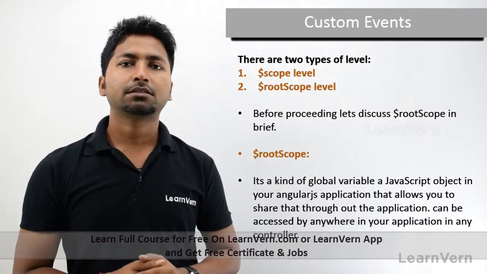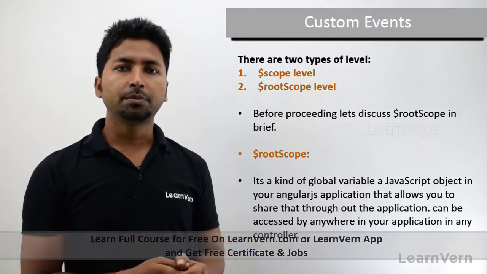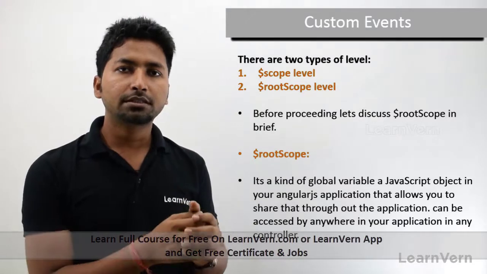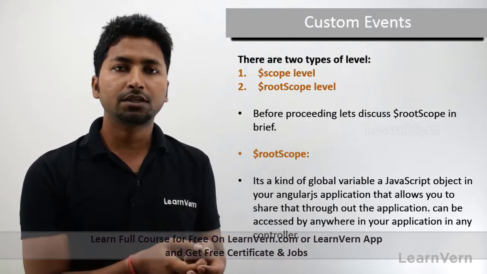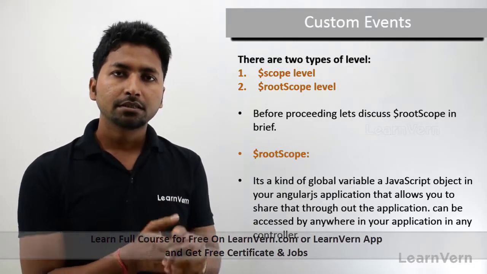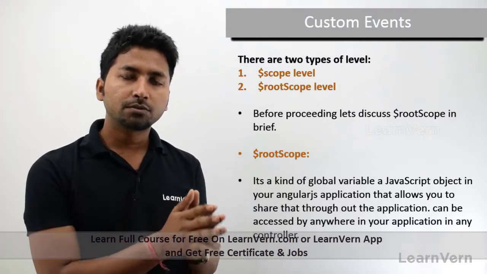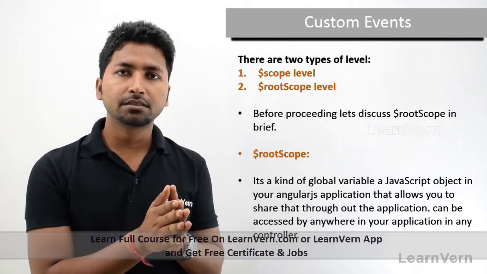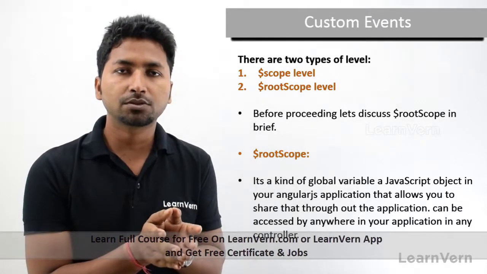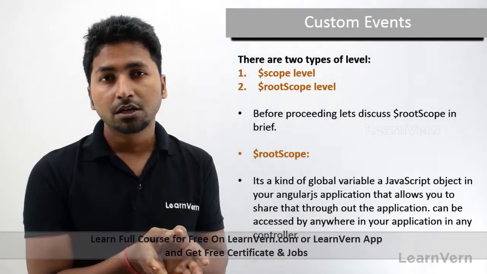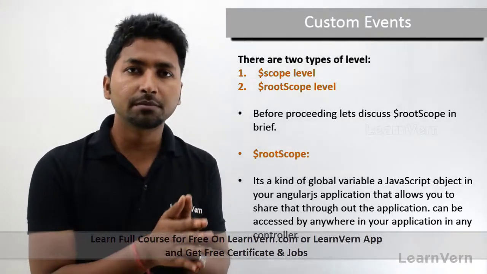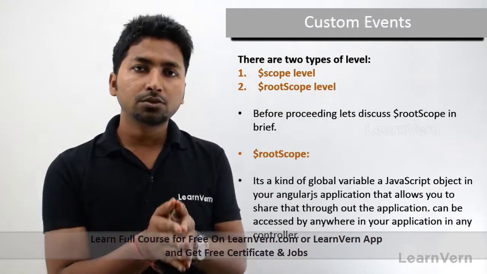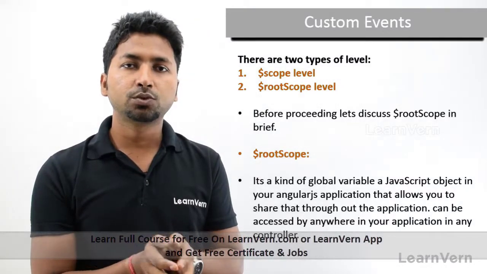When I use a variable or function provided by root scope, it provides that accessibility. It's a kind of public or global function or global variable, so it allows you to access all the variables throughout the application.